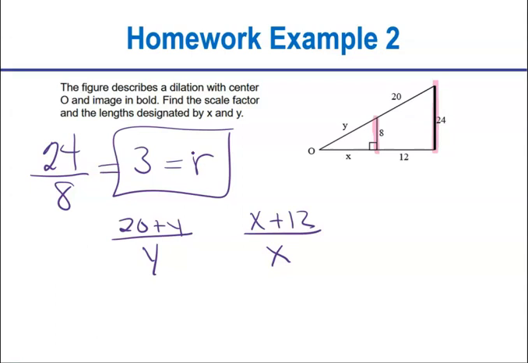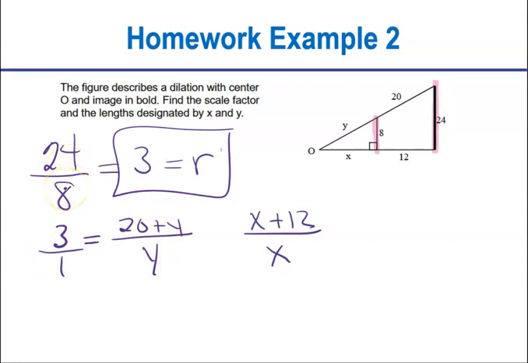But now I'm supposed to solve for X and Y, and I have what I need. Check this out. Some algebra. My R, or my ratio, or my scale factor is 3. That's got to be the scale factor for this whole length compared to the original Y value here. So I just need to solve this equation. Remember, this is 3 over 1, or you could even use 24 over 8 if you like that, but I like the reduced one.